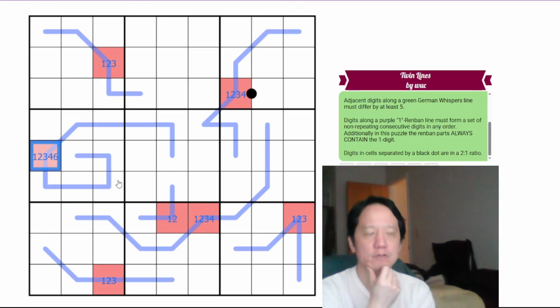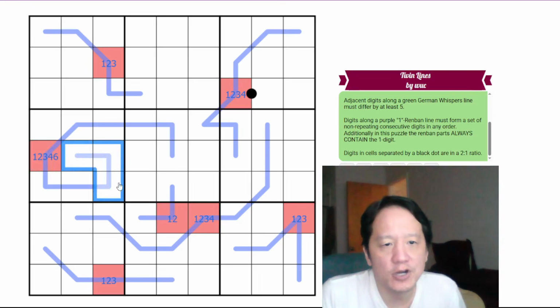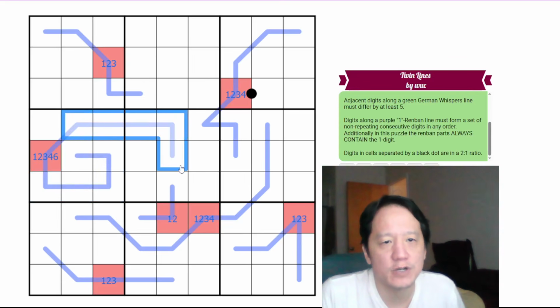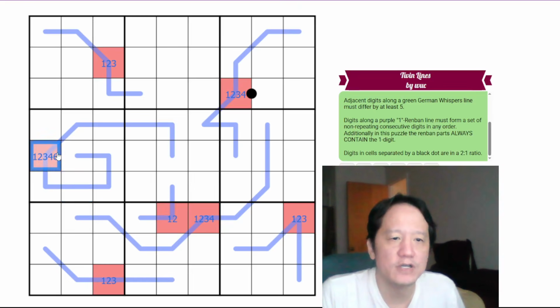Interesting. So, one half of this is going to be Whisper 5. The other half is going to be Renban. Well, if this is 6, that would require, and say this was Whisper 5, that would make that a 6.